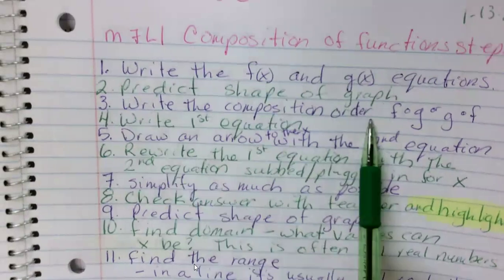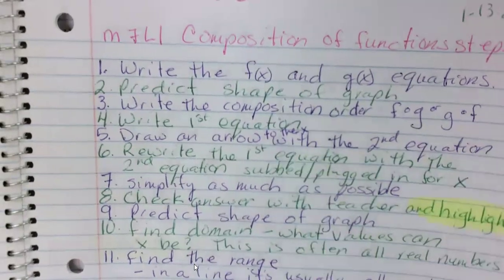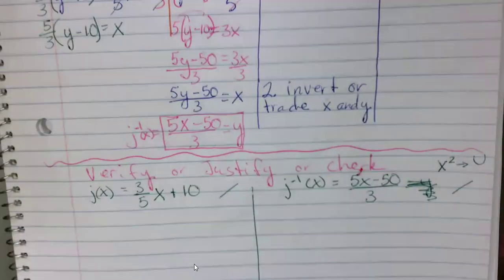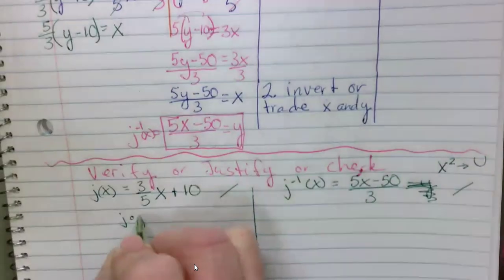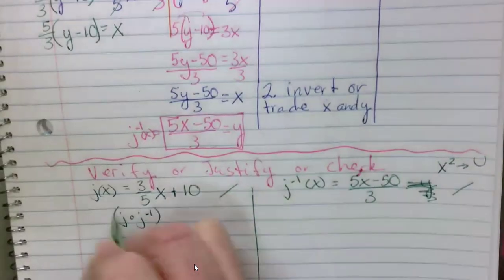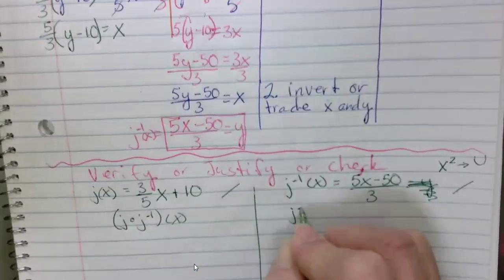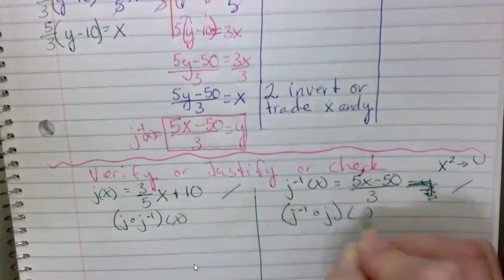Now I'm going to write the order of them, and then I'm just going through these steps again to do the composition. All right, so we're going to do the j composed with the j inverse of x. And then we're going to do the j inverse composed with j of x.